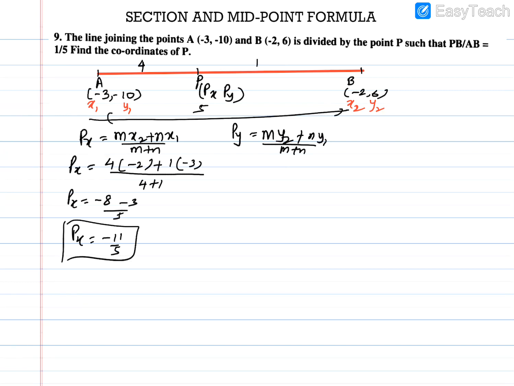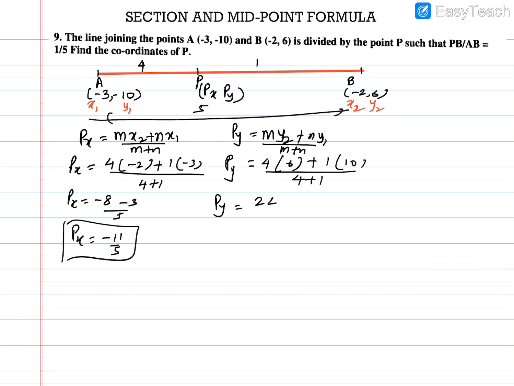This is the value of Px. Now Py will be equals to m. What is m? 4. What is y2? 6. What is n? 1. What is y1? Minus 10 upon m plus n, that is 4 plus 1. Solve this.